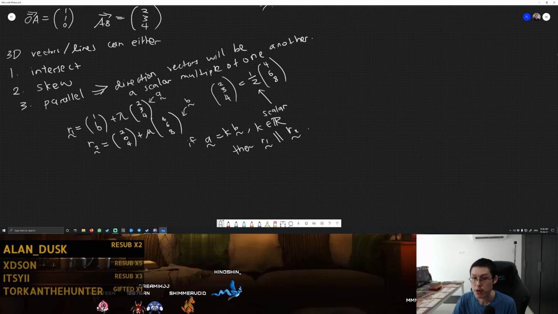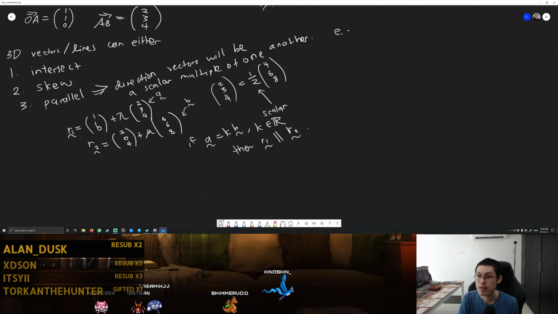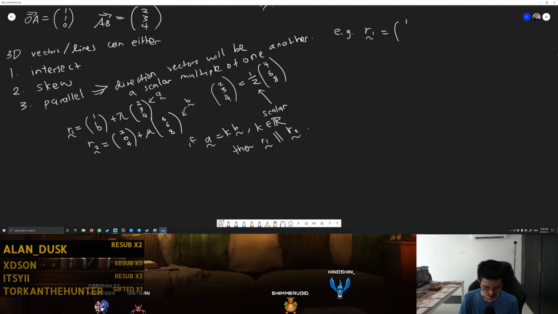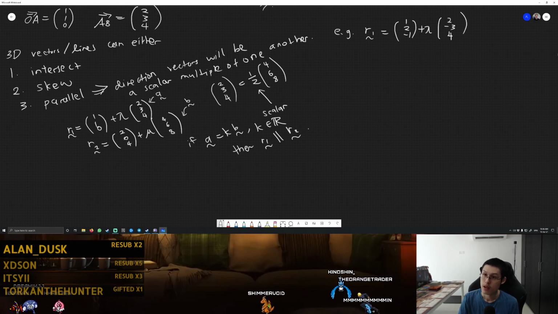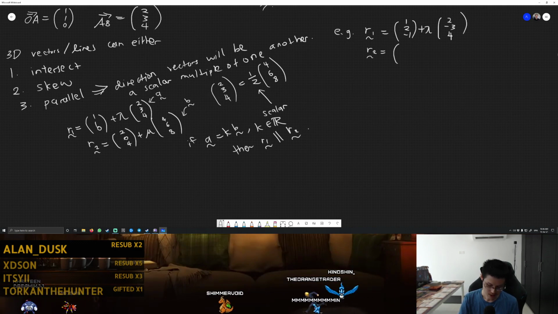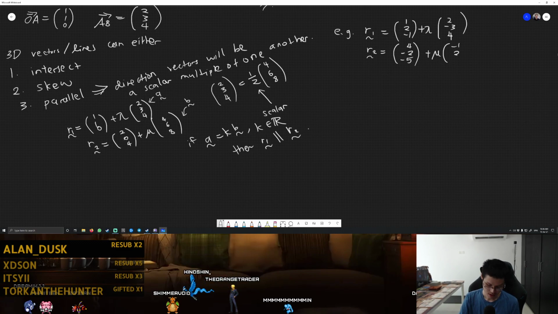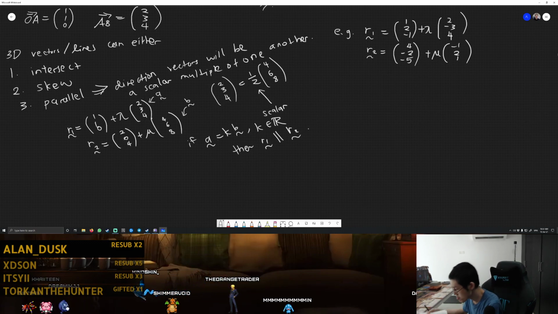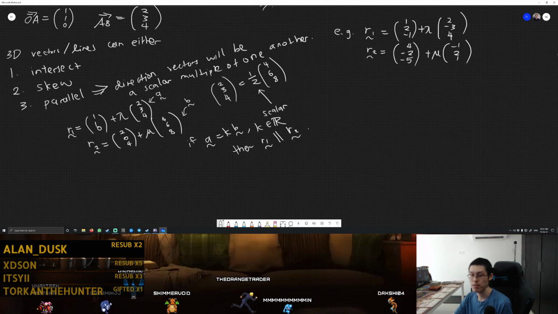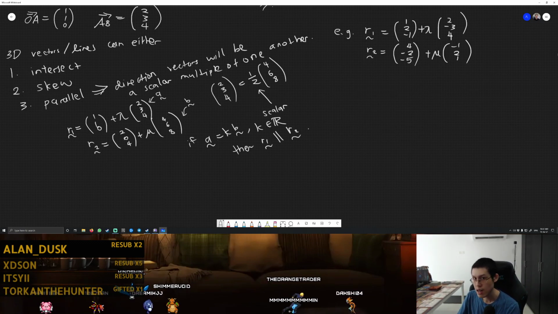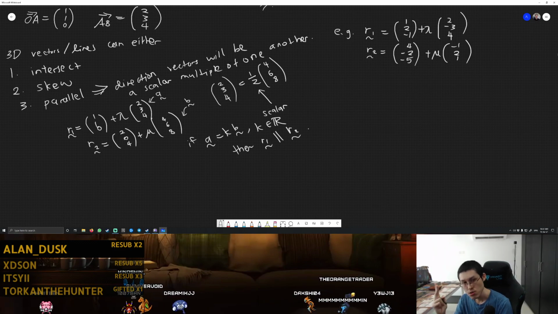So let's say we have R1 equals (1, 2, -1) plus lambda (2, -3, 4). And then we have another one, R2 is (4, -2, -5) plus mu (-1, 2, 1). So the question is, are these lines intersecting, skew, or parallel?